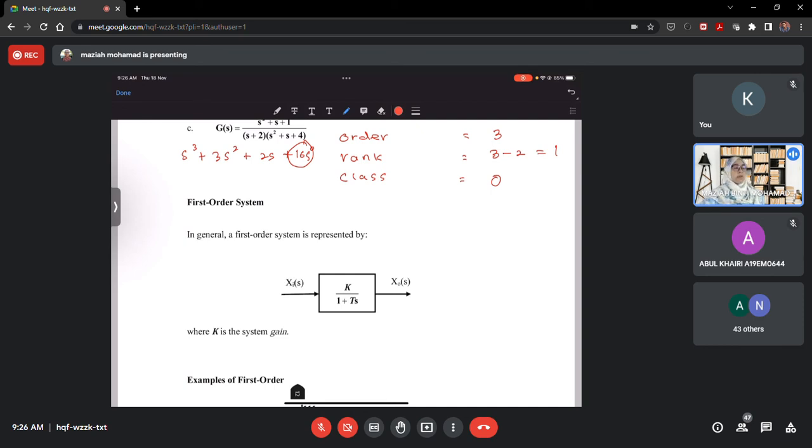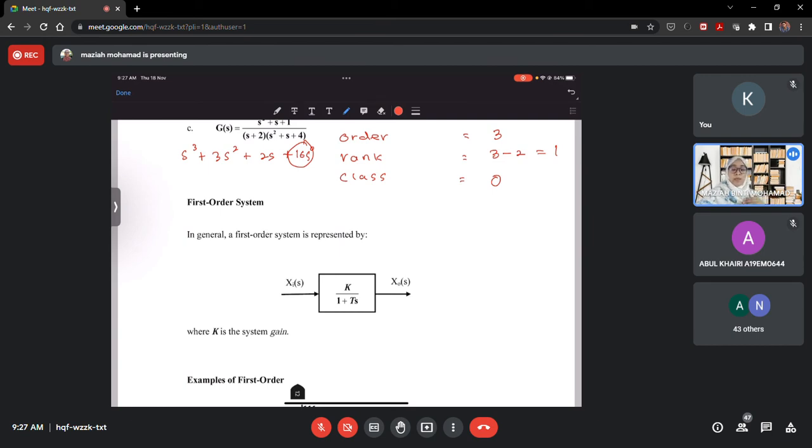So that's why you maybe have heard me saying first order system, second order system, higher order system, fourth order, 20th order system. Okay, we classify based on the order. That is the common way, right? So by knowing the order of the system, we'll be able to predict the behavior.